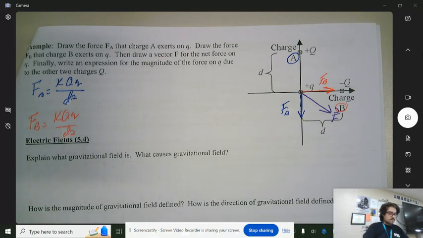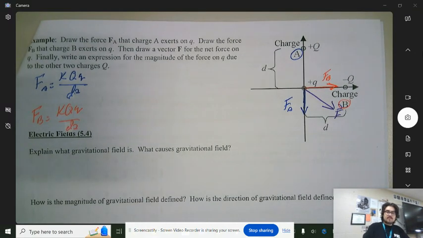So then you have the force of A and the force of B. To find the net force, you need the Pythagorean theorem. You would plug these into the Pythagorean theorem.